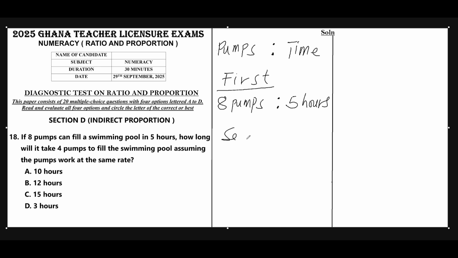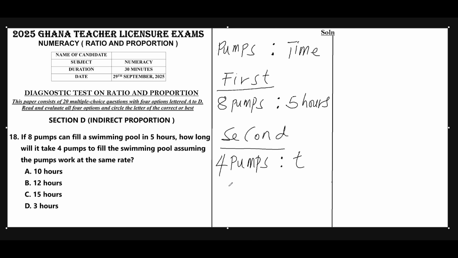Now the second instance, we have 4 pumps. Then we have to calculate how long it will take to fill the swimming pool. So let's represent time as t. So let's change them into common fraction.